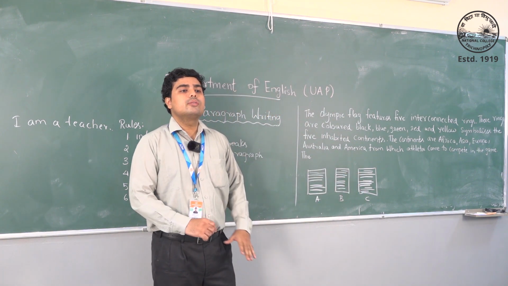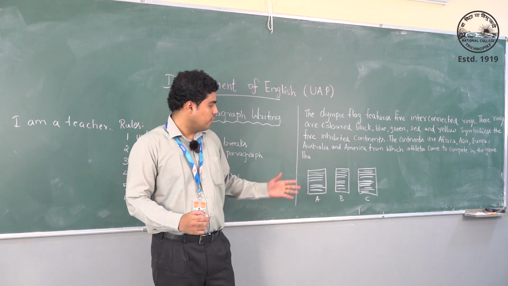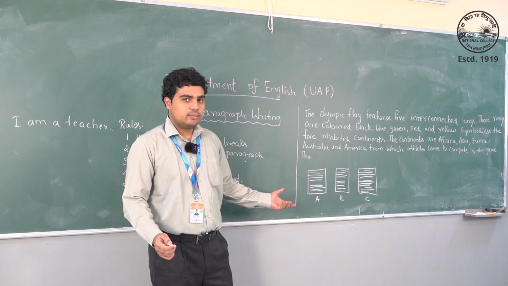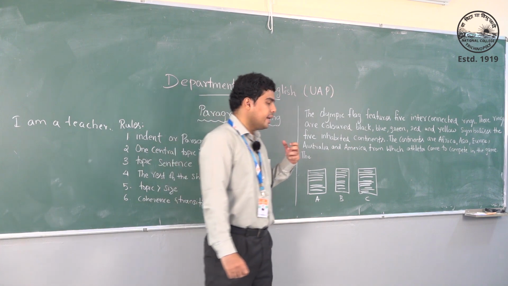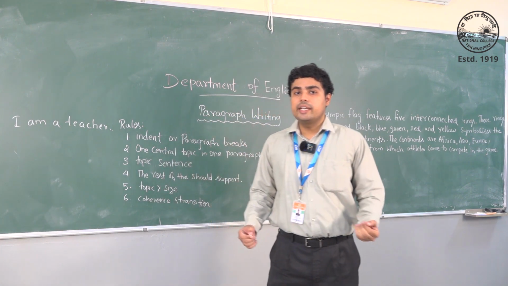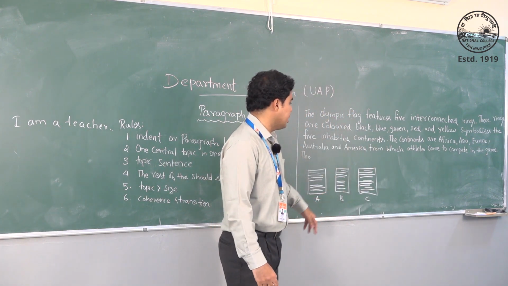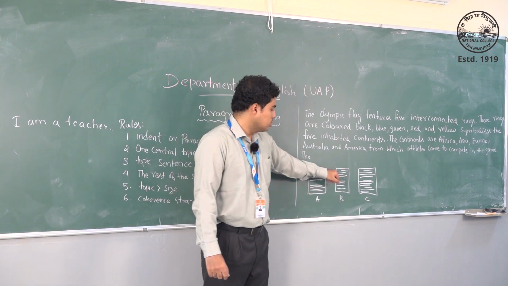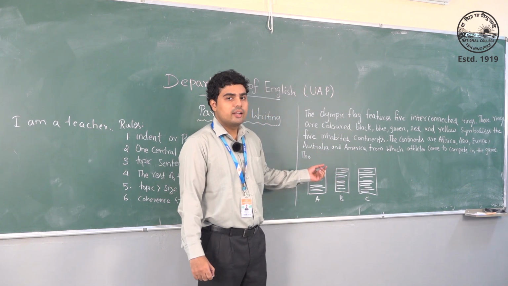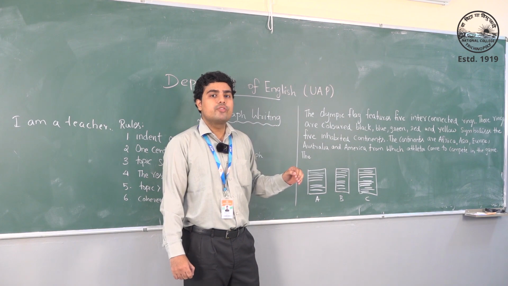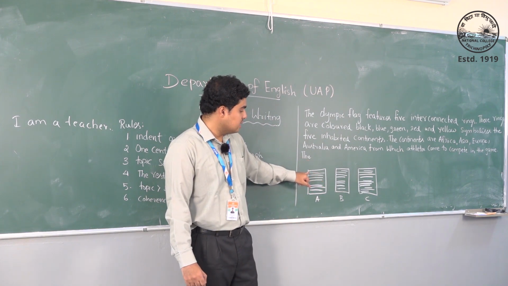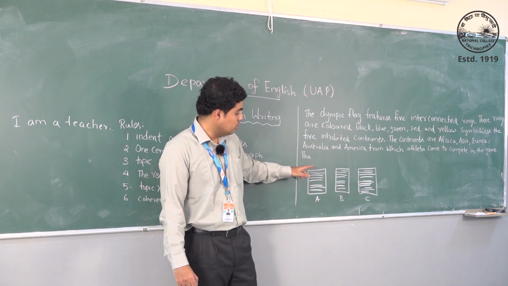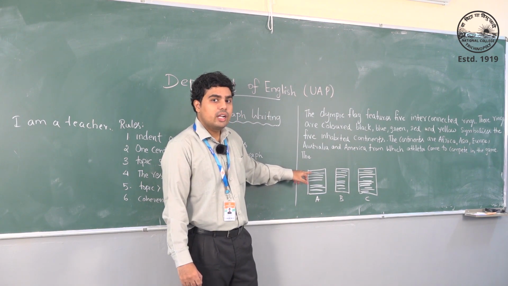So I want you to take a brief moment to find which one is the right one. If you have guessed C, it is the correct one, because when you are writing a paragraph, you should give indent for all the paragraphs. Some students believe that they have to give indent for only the first paragraph. That is entirely wrong. And the second type of students don't give any kind of indent at all.